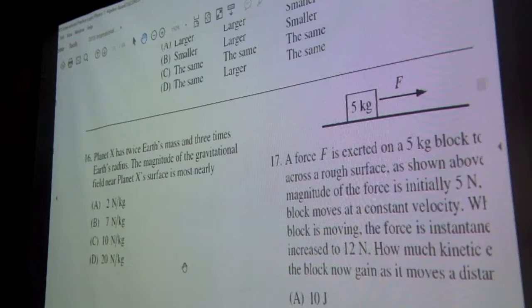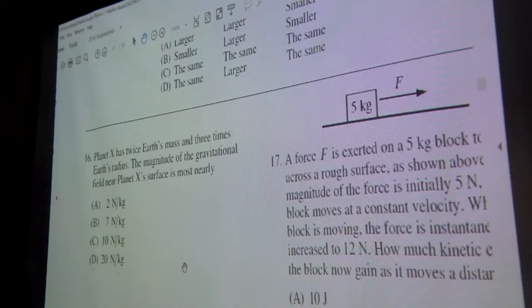Now write a similar equation for planet X. For X, it is gX equals G mX over, okay, what is mX? 2 times ME. And what is the new planet's radius? It is 3 times RE, squared. What is 3 times RE squared? 9 RE squared.